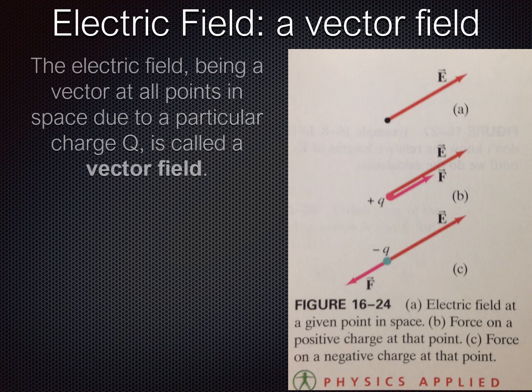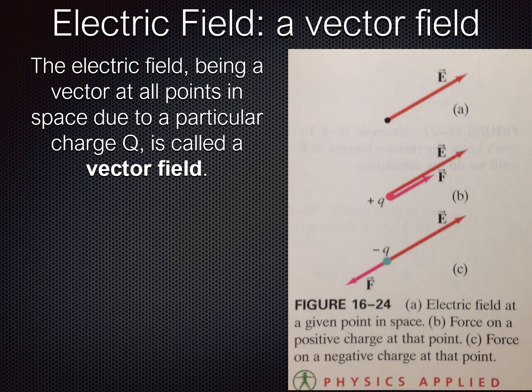Okay, so the electric field is something that we call a vector field. It's basically a representation of the vectors that show where the electric field is pointing at all places. So you can pick any point and immediately determine where and how large the field is going to be pointing at any spot due to a particular charge.